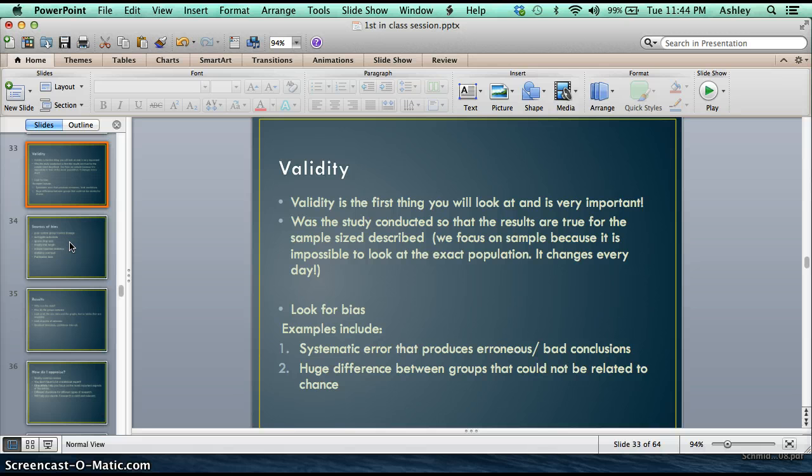Then you want to look at bias. Examples of bias include systematic error that produces bad conclusions, or huge differences between groups that could not be related to chance, like they're just too large. They're not related to chance. Okay, validity is important. This will help you determine if you should continue to use or read the article.